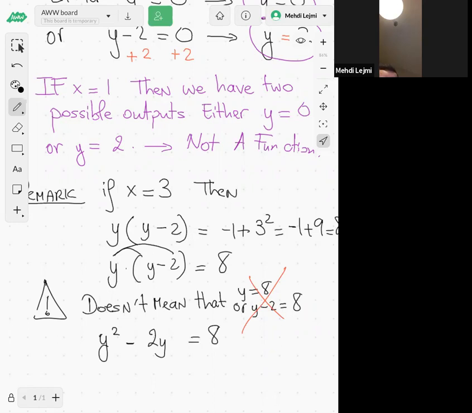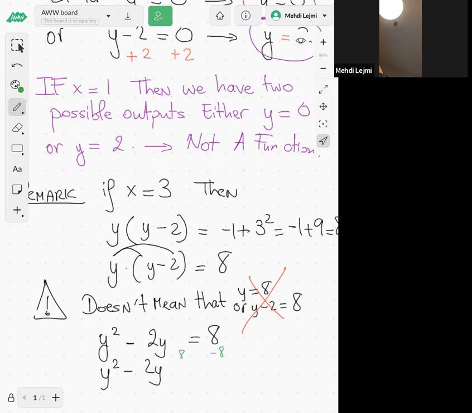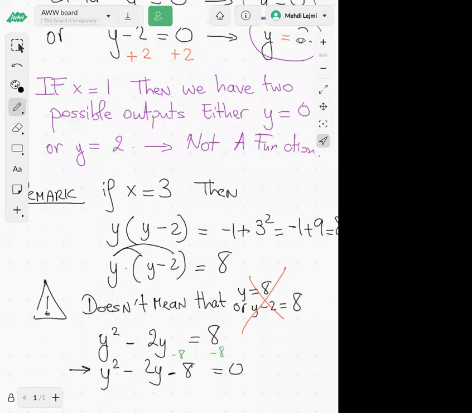Then you can say this is y squared minus 2y; you subtract 8 on both sides, so y squared minus 2y minus 8 equal to 0. So this is a quadratic equation. Then you can use the quadratic formula to solve for y.